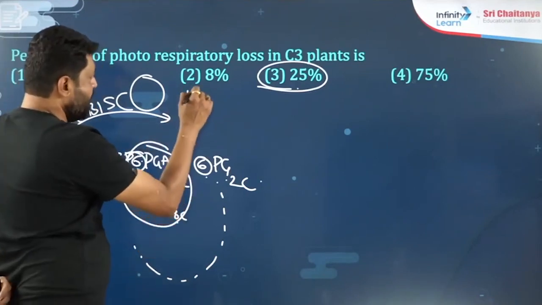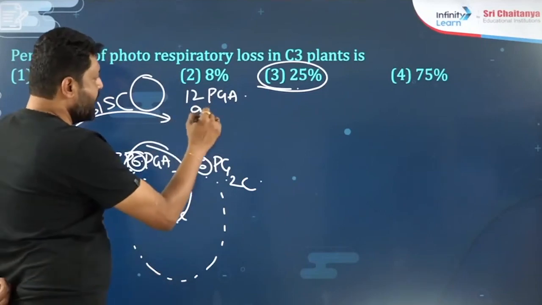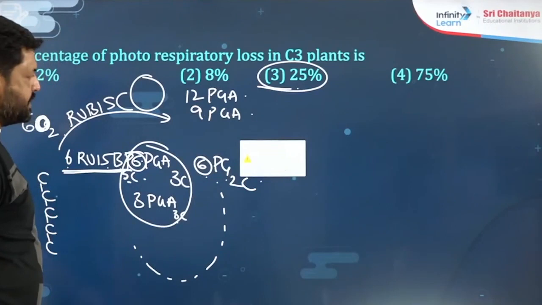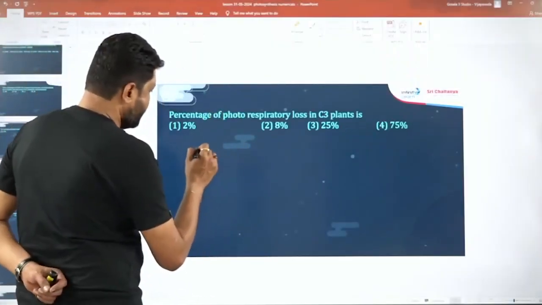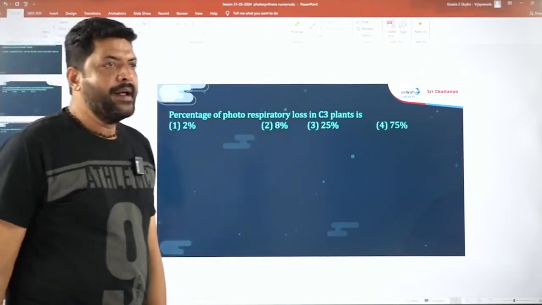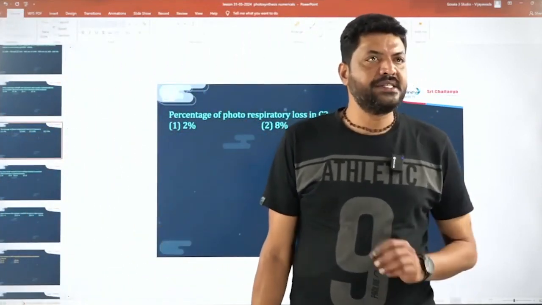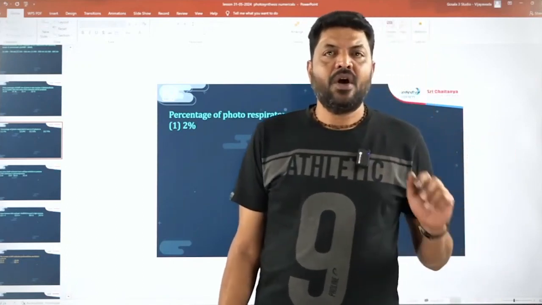Out of the 12 PGA expected, 9 PGA are formed. Was it clear? Now let us have a look here. The answer is 25%. Was it clear? 25% loss will be there in photorespiratory loss. The fixed carbon will be oxidized.